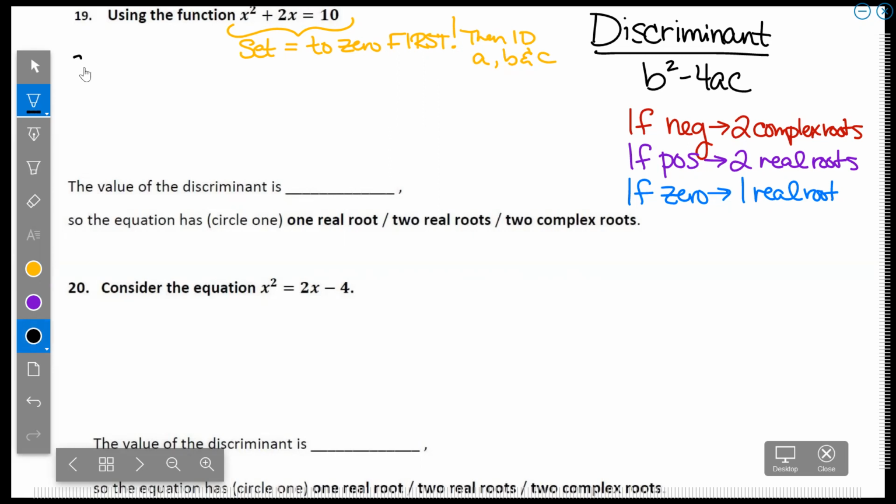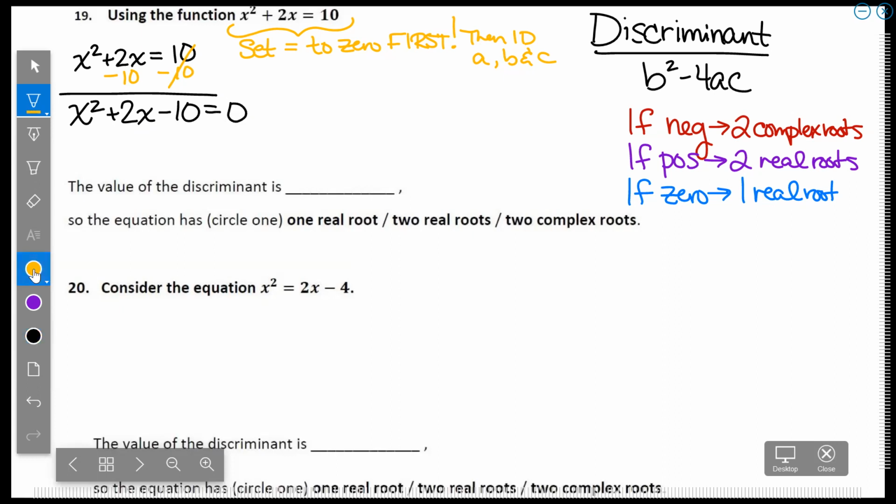Subtract 10 from both sides. X squared plus 2x equals 10. So I'm going to minus 10 from both sides. That cannot combine with any of the other pieces that I've got here. So x squared plus 2x minus 10 equals 0. Now I can identify A, B, and C.